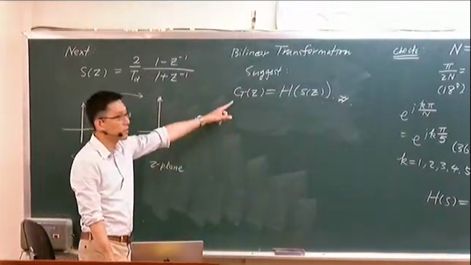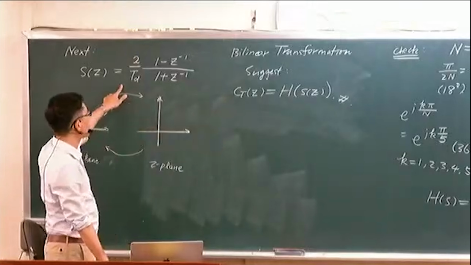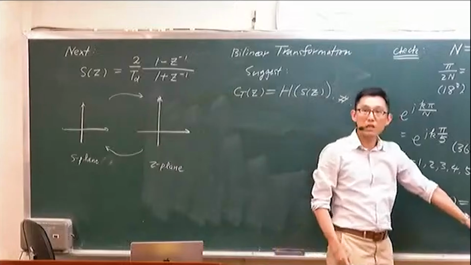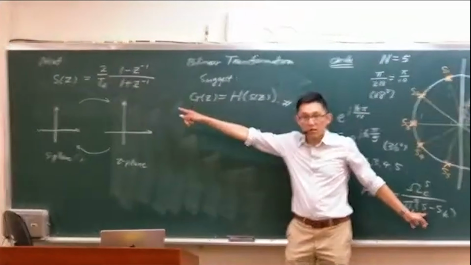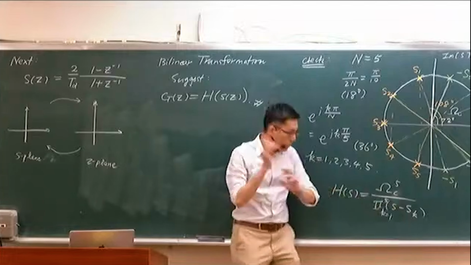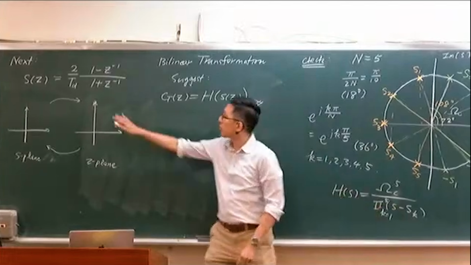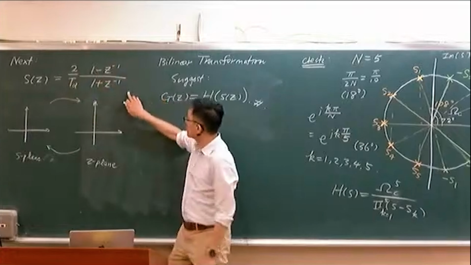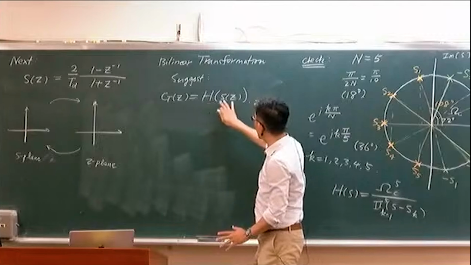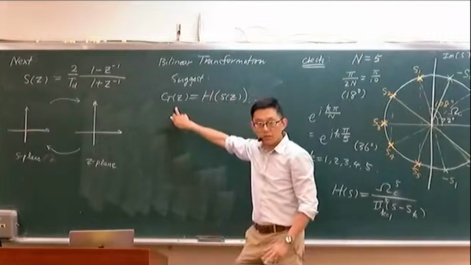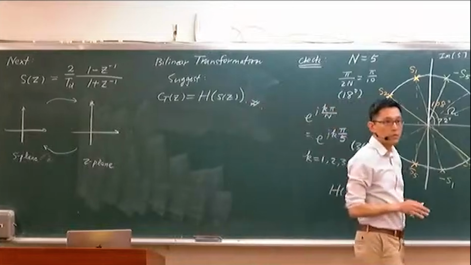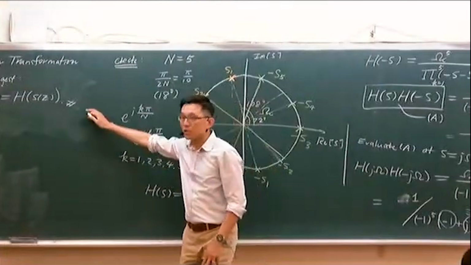Surprisingly simple. By using this transformation, wherever we see S, and S repeatedly shows up right here, we just replace S with this function of Z. Then the result H of S of Z becomes a function of Z. I claim to you, surprisingly, this is a design.